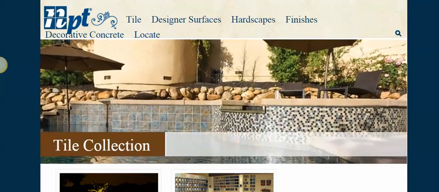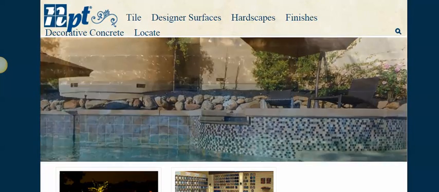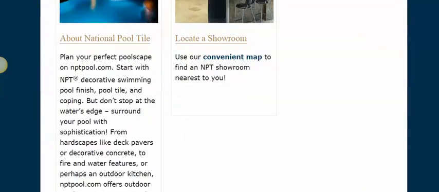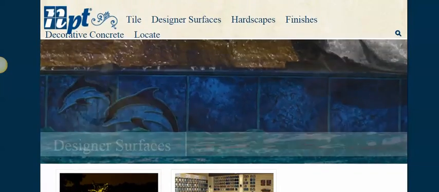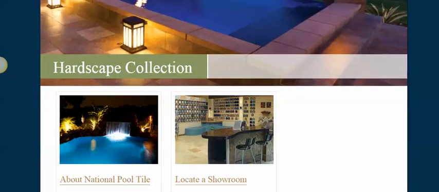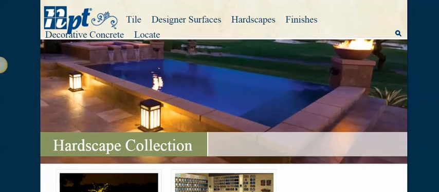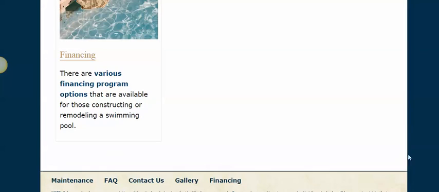Okay, here's another one. They are a pool company, but you can't really tell. Okay, it's just poor. Bad website, no call to action, but they're going to end up charging 15, 20,000 or even more for a service.